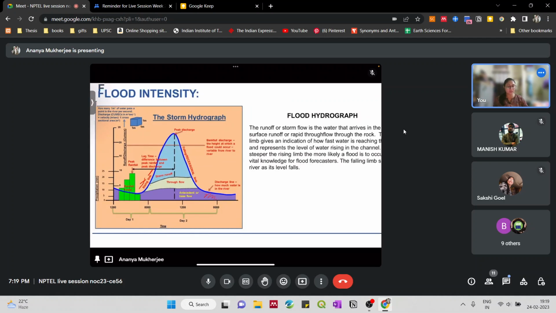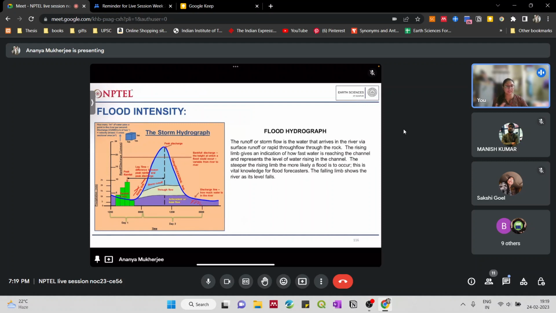So you can understand, the steeper the rising limb, the more chances of floods occurring. Suppose this was a gentle slope, and maybe this is your bankful discharge. The rise in the runoff is happening slowly with respect to time.